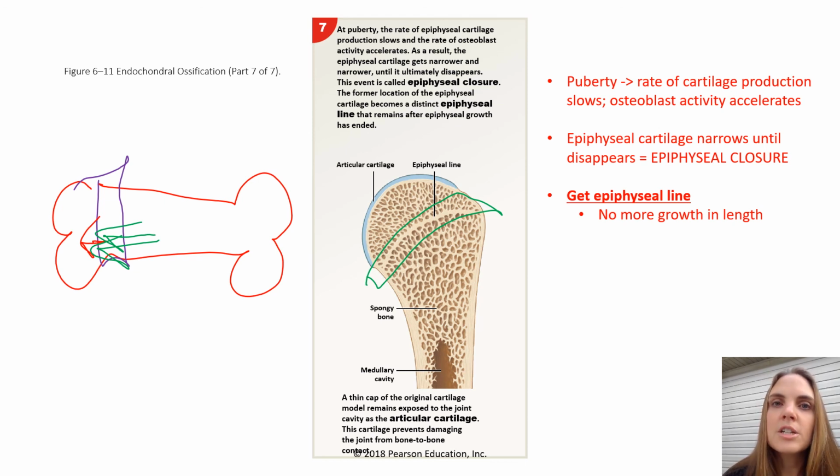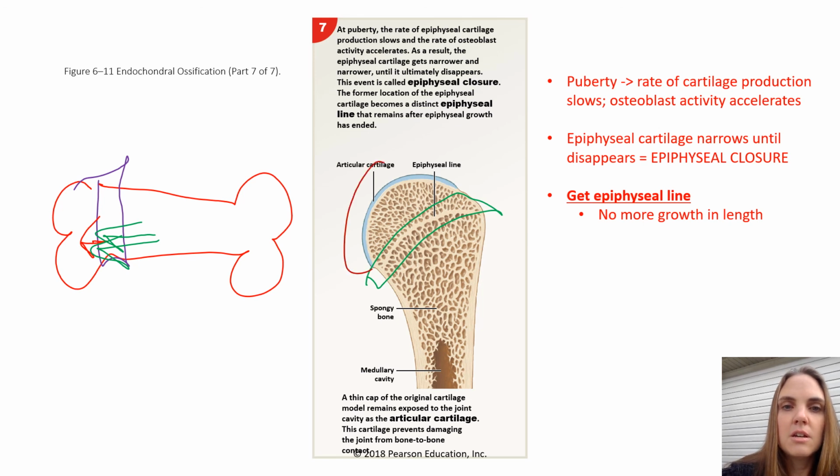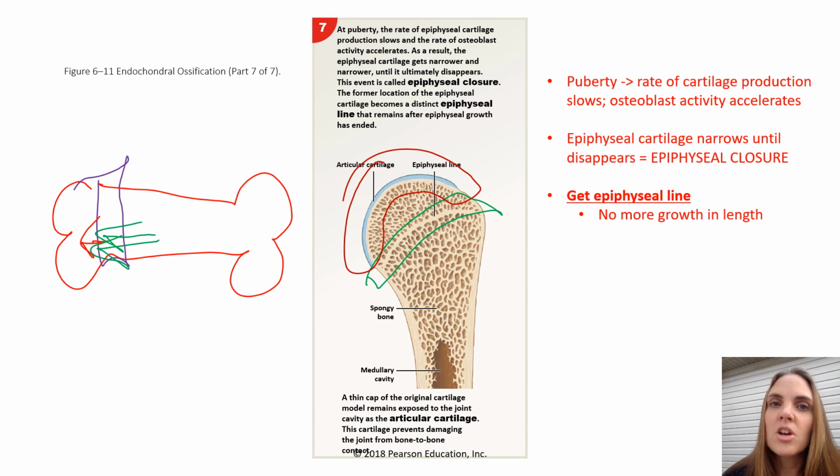The only cartilage from that initial cartilage model, remember when we started this whole endochondral ossification, we had that hyaline cartilage model, the only cartilage that remains from that initial model is the articular cartilage here that prevents damage of bones at the joints by providing cushioning.